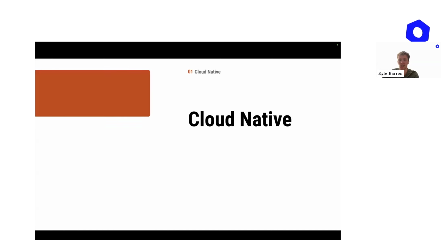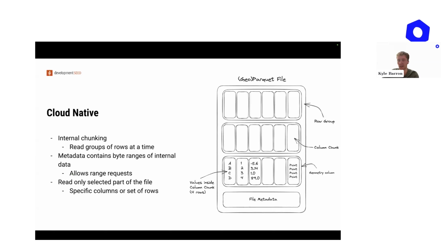And so the cloud native aspect of GeoParquet is that it's very easy for readers to read GeoParquet files that are hosted on the cloud without having to download the entire file first.